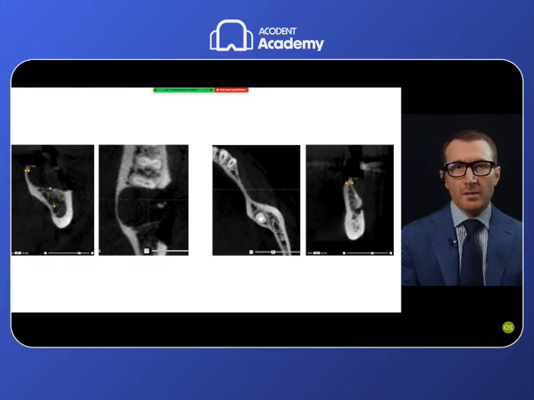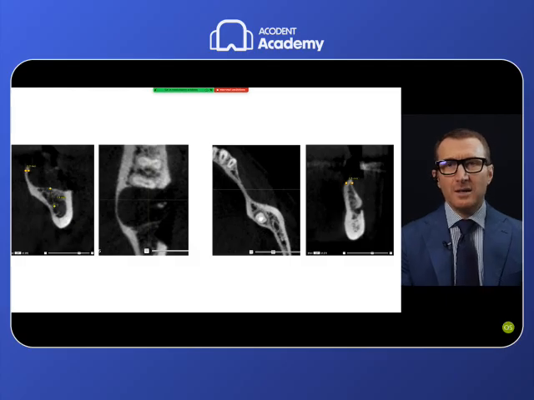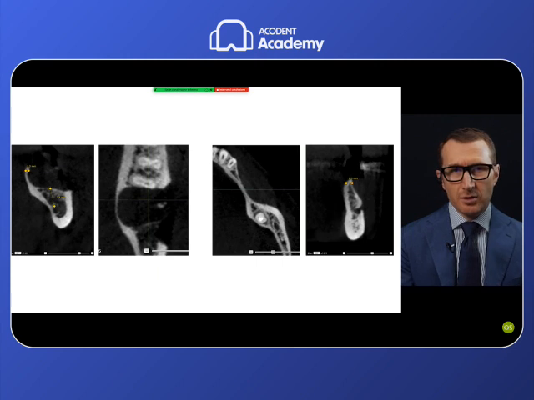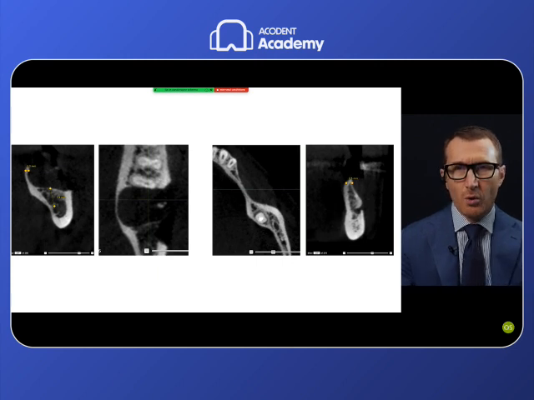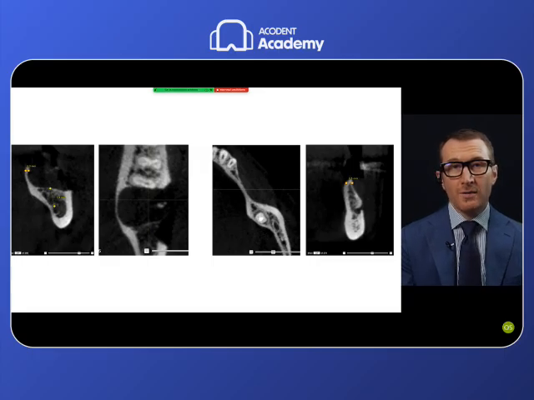And if you're looking at the cross section of these two mandibles, you may not really understand the anatomy of the defect. So you may think that the defect on the left is much more critical in terms of regeneration compared to the one on the right. But it's not, because the one on the left has 3 walls that are also close to each other.